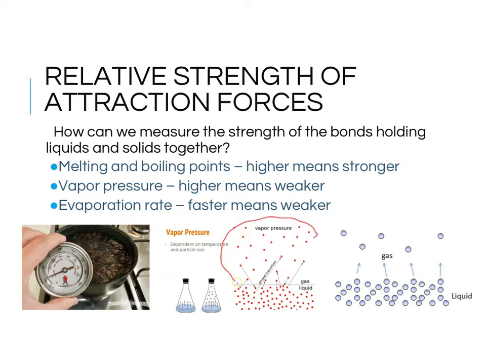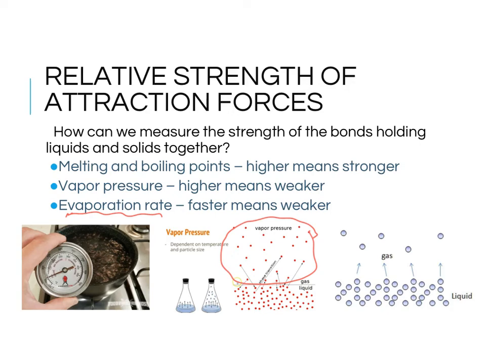If you look at this picture, it's how much of this liquid is evaporating. And that's actually our next one, evaporation rate. If it evaporates much quicker, well, the glue holding those together is not as strong. And if it takes a really, really long time to evaporate, that means that we've got really, really strong bonds holding those together.